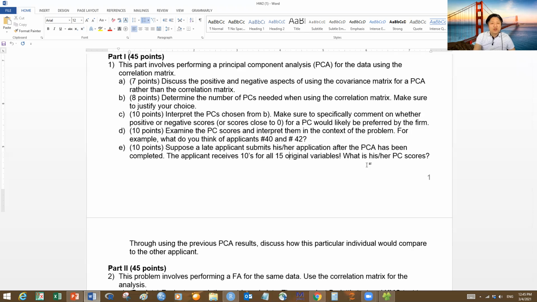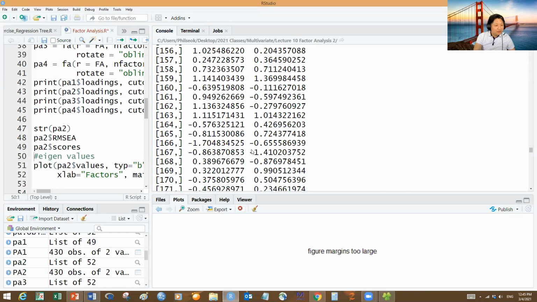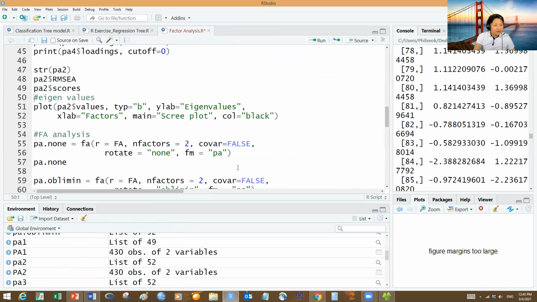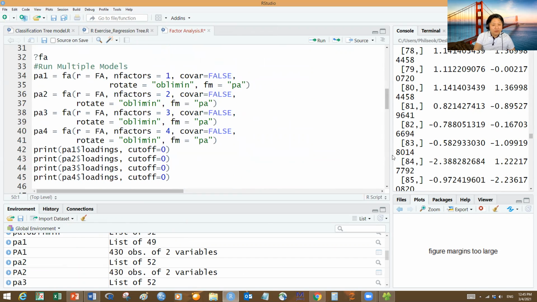And then you can make a new data set using all 10s and predict. So what I'm saying is, do I have an example here? Not here. Maybe.